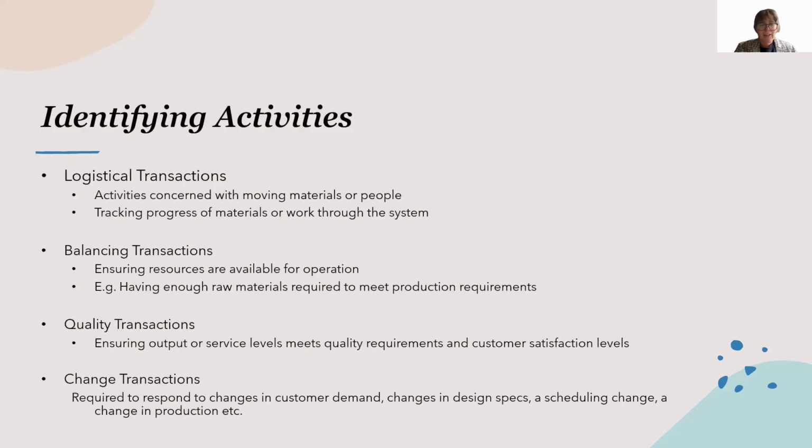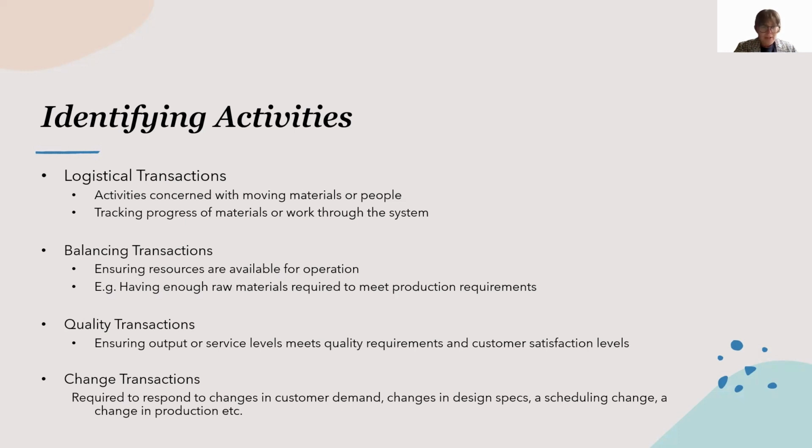So identifying activities. Firstly, we are going to have our logistical transactions. These are activities which are concerned with moving materials or people, tracking progress of materials or work through the system. We then have our balancing transactions, ensuring resources are available for operation. A good example is having enough raw materials to actually meet your production requirements.